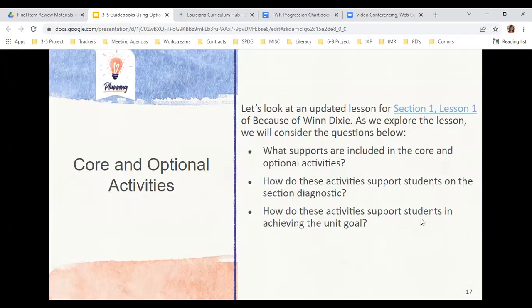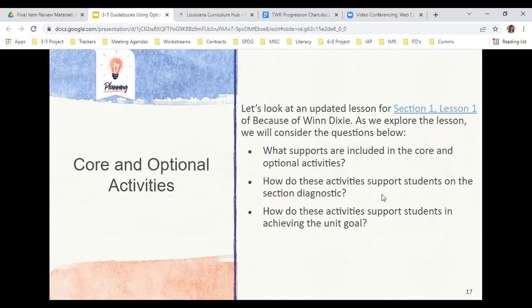The first one is from Rebecca. She's asking if the diagnostic is a true diagnostic where we can assess student learning prior to the lesson, or is it more of a lesson quiz after a section? So that was a great question, Rebecca. The section diagnostics are true diagnostics to assess students where they are in understanding the knowledge and skills of the unit at that point.